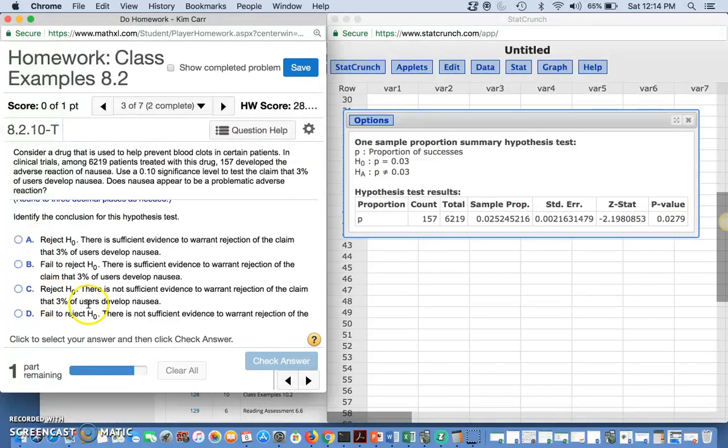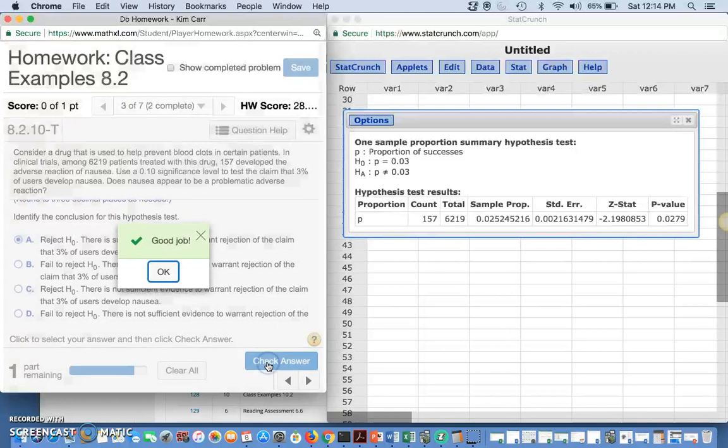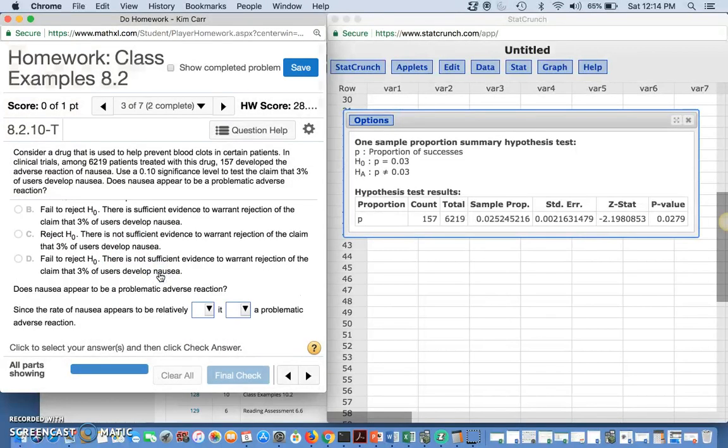So that's going to be either A or C. Is there sufficient evidence to warrant the rejection, or is there not sufficient evidence? If you reject, there is sufficient evidence to reject that claim. So A should be the answer. When you reject, there is sufficient evidence.